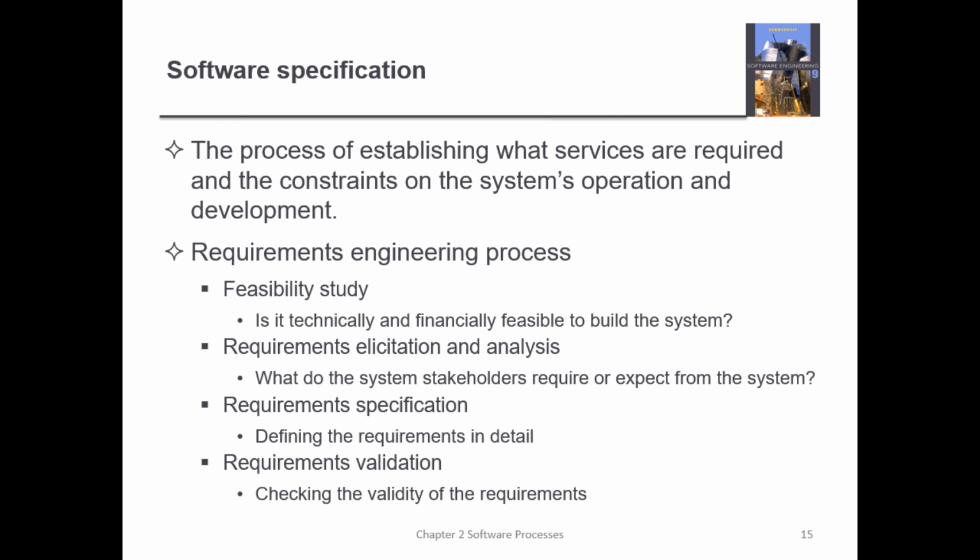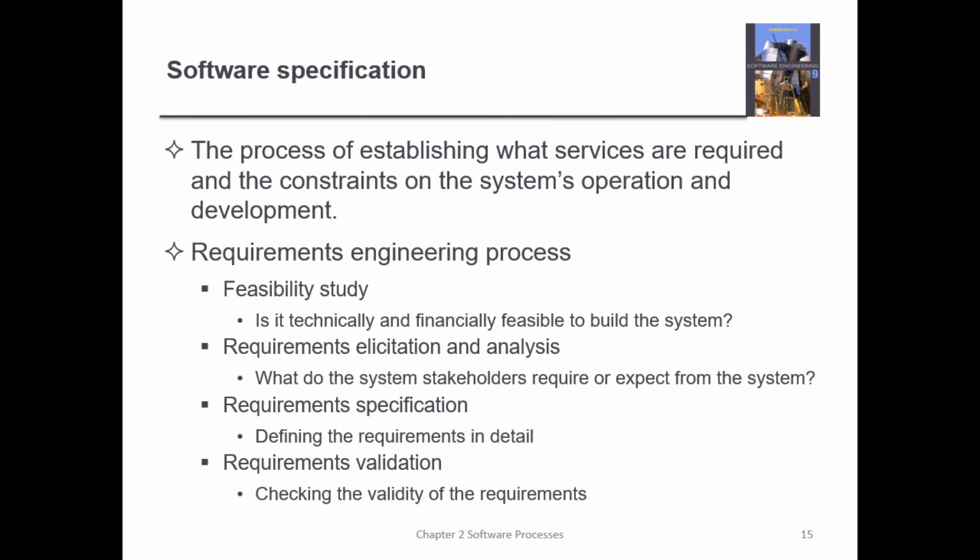Okay, let's talk about software specification. This is the process whereby the software engineer will establish which services he requires and the limits or the constraints on the system's operation and development.